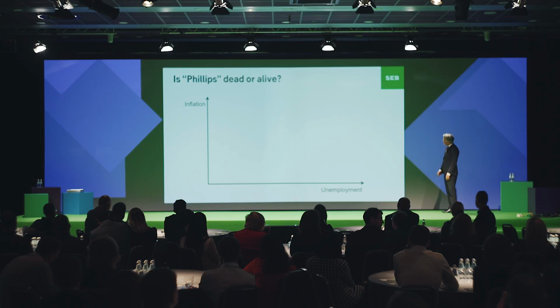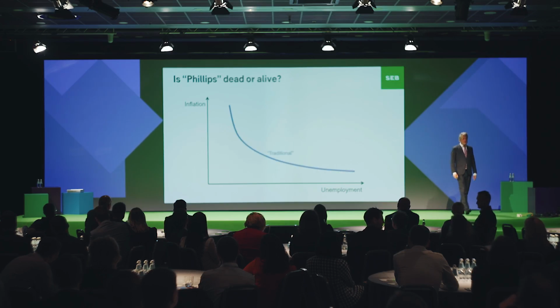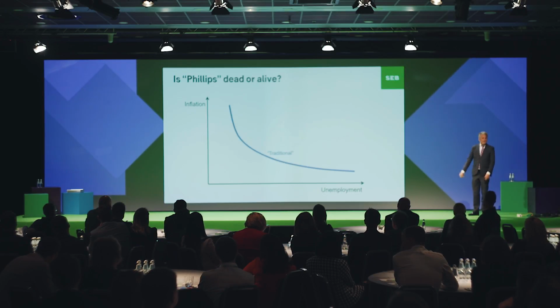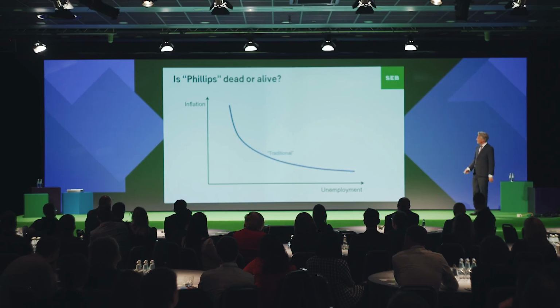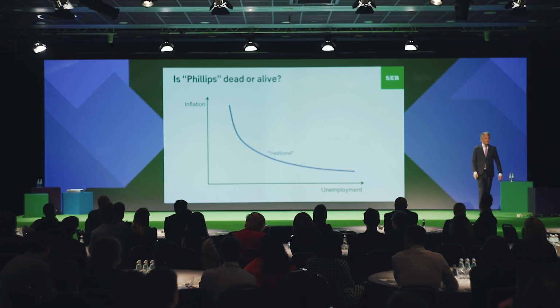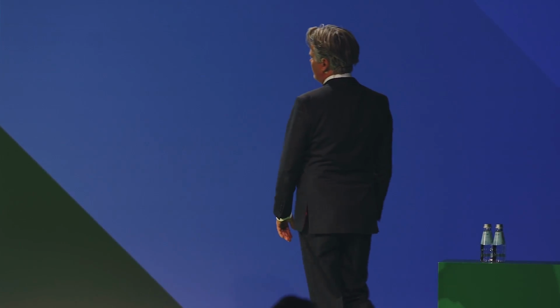What it basically says is that there is a relationship between the level of unemployment in the economy and how high the inflation rate is. So if you want to lower your inflation, then you basically have to accept that the unemployment level is quite high. But this hasn't really worked over recent years.